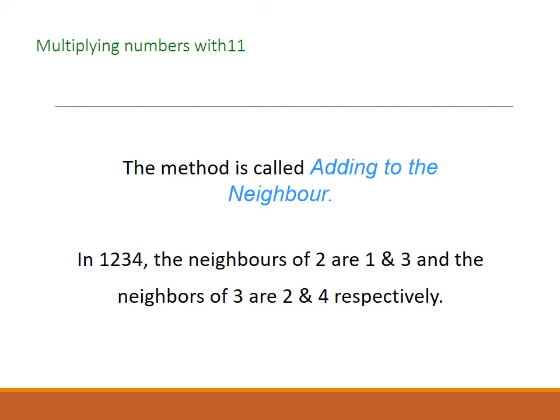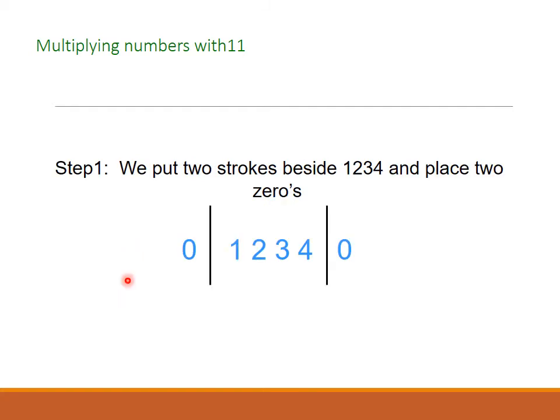Now let's begin how to multiply. Now we put 2 strokes beside this number 1234. Here is one stroke, here is another stroke, and place 2 zeros over here.